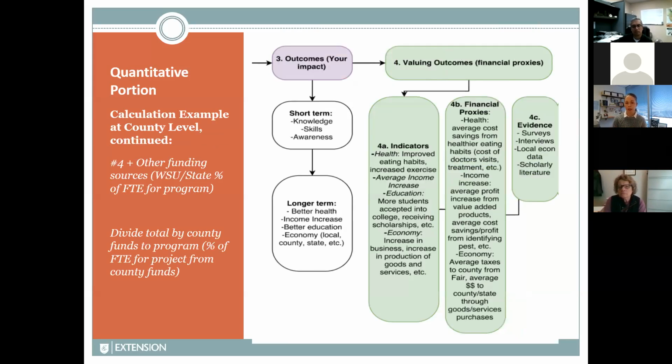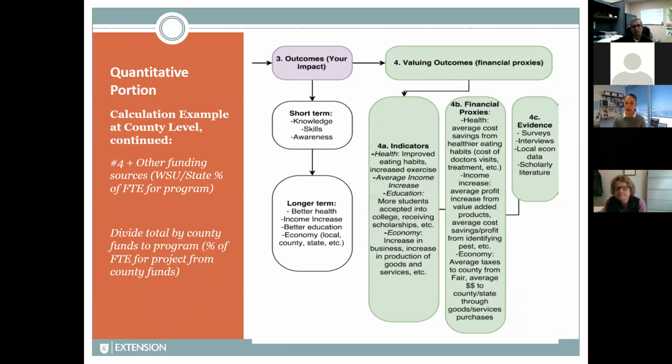So indicators that we've thought extension really does the most for outcomes would be things like health, average income increase, education, and the impact on the economy. So you can see under 4B several financial proxies that we have used to help estimate the impact of these indicators.